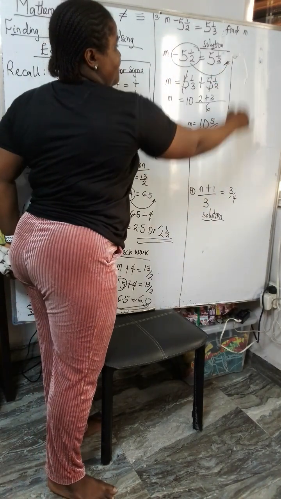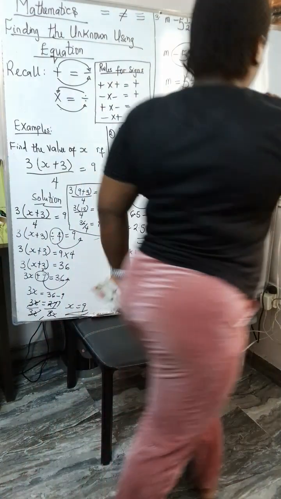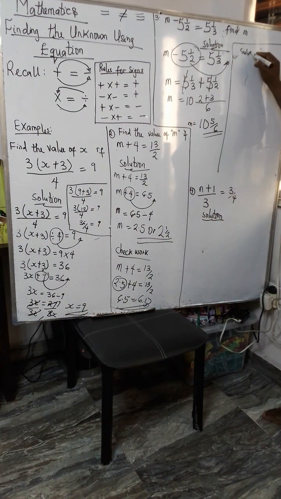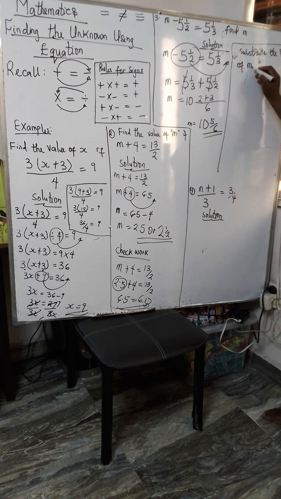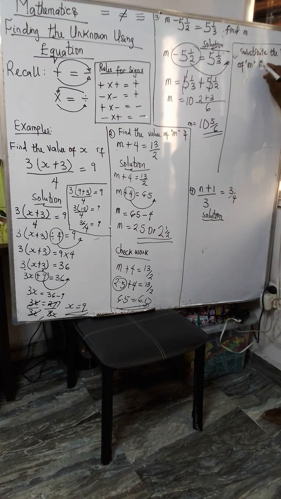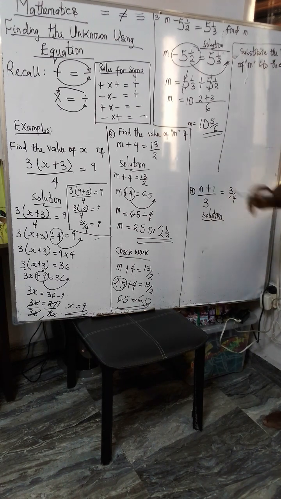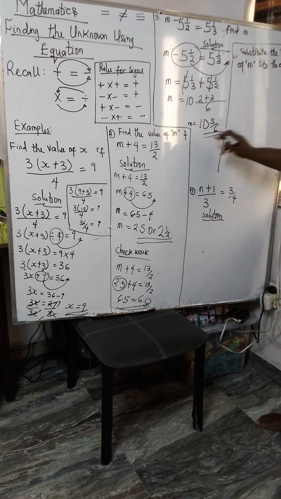So I'm going to substitute the value of n into the equation, and the value of n is 10 whole number 5 over 6.